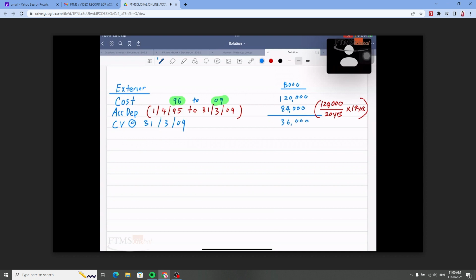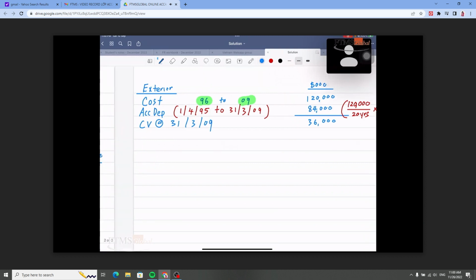Then with that, I think I've completed the working for exterior. Then I can update my SOCI and my SOFP. So I can update two figures. One is depreciation per year: 120 divided by 20 is equal to 6,000. Then my carrying value is 36,000. So I can put it here.